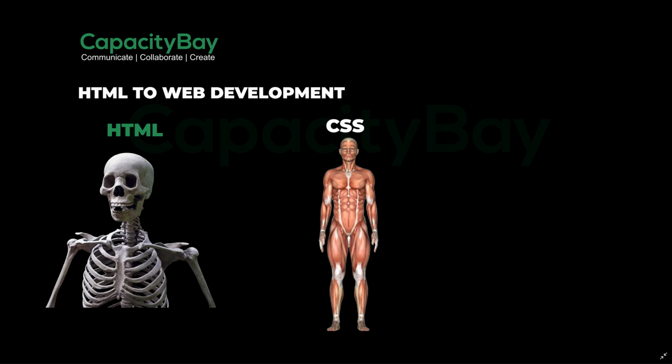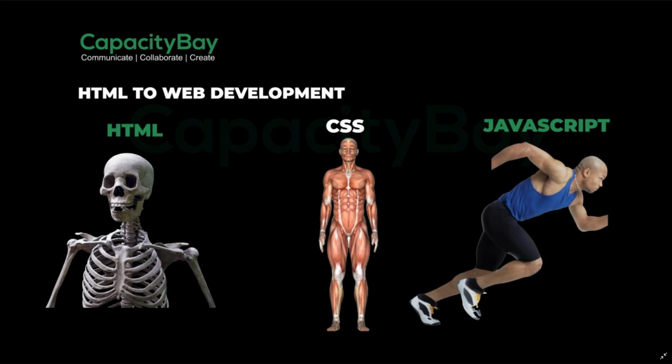Cascading Style Sheets. Come back to that later on. We're going to be creating another playlist for CSS. CSS actually adds beauty to your web page. It beautifies your web page, it styles your web page, giving it the colors, the beauty of your web page. Simple, okay. And then you have the functionality, which is JavaScript.